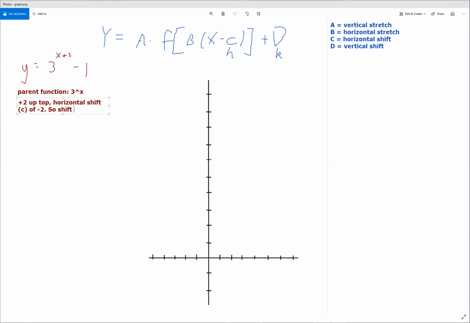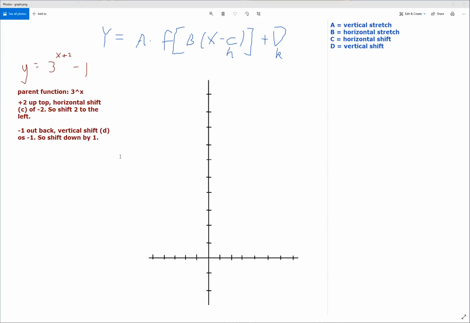So shift 2 to the left. We also have a -1 out back, which is a vertical shift, or the d value, of -1. So we're going to shift down by 1.